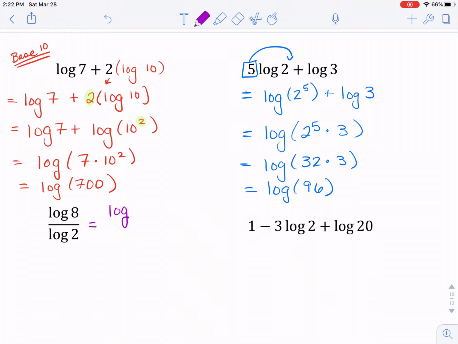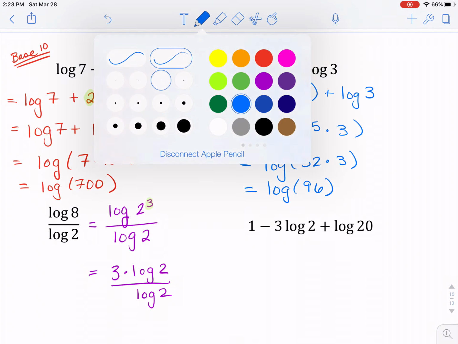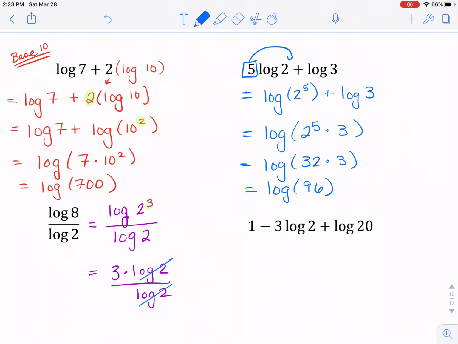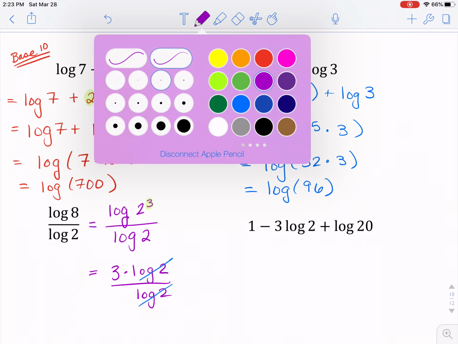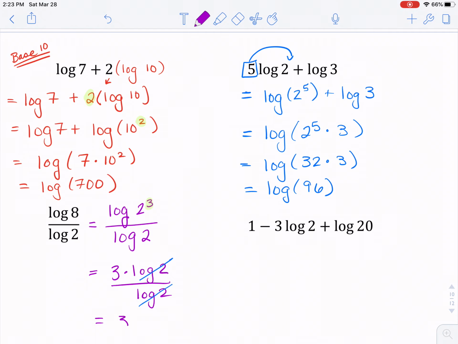The log of 8 is actually the log of 2 cubed, divided by the log of 2. But where do we take that exponent? We take that exponent and put it in front of our log. So we're actually going to say 3 log of 2 divided by log of 2. And we all know what we can do with the log of 2? They will divide out. And what are we left with? You got it. We're left with 3.